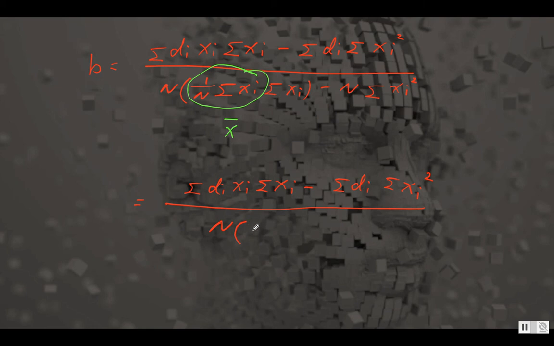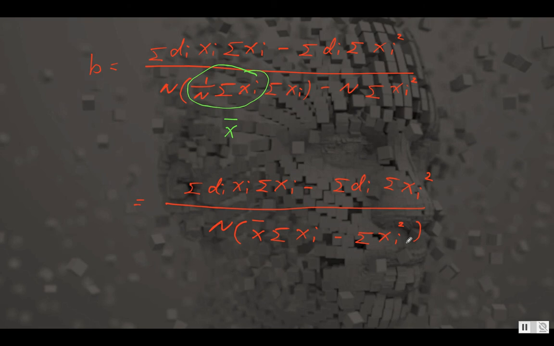So here's x bar multiply with summation xi, and then minus summation xi square. Okay, now we got to the b, the exact solution for b.